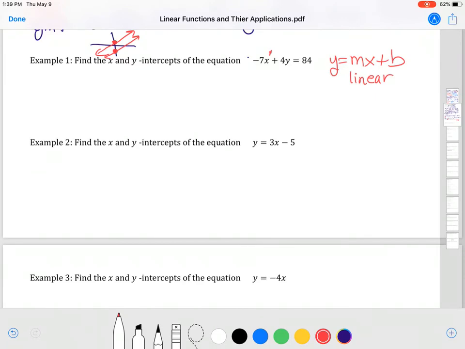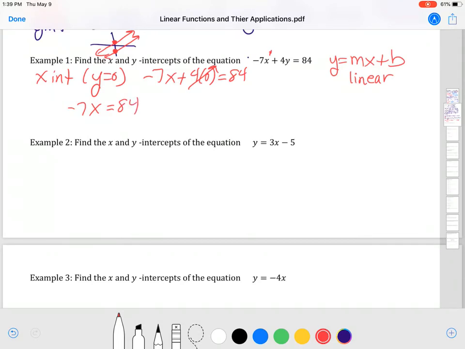Let's do the x-intercept first. So the x-intercept is when y is equal to 0. So I'm going to plug in 0 for y and solve for x. This disappears because it's 0, and I'm left with negative 7x is equal to 84.